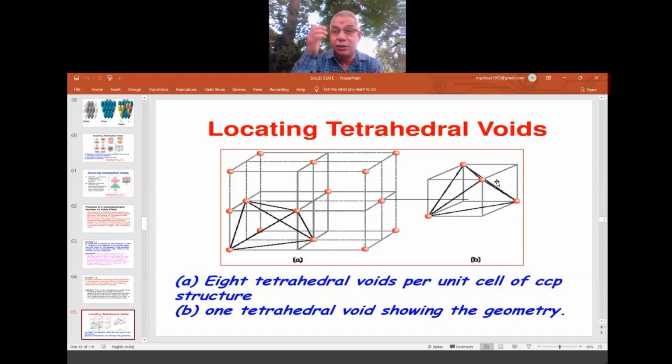Imagine the teapot once again. So by joining all these, you are making use of 4 spheres, 3 spheres here and 1 sphere here. The line is drawn, but this sphere will exactly sit on these 3 only. So that is how the tetrahedral void is created here. In this way, the tetrahedral void is located.